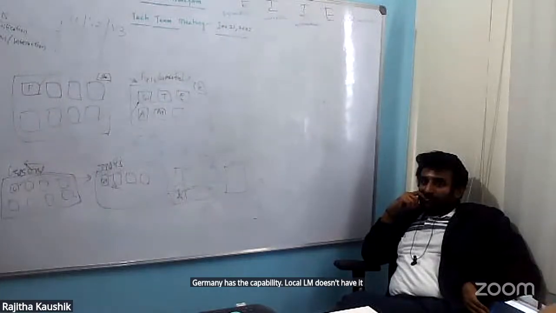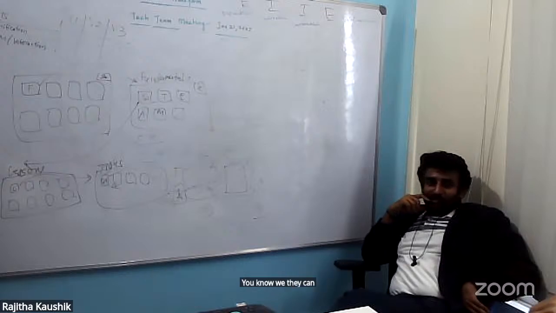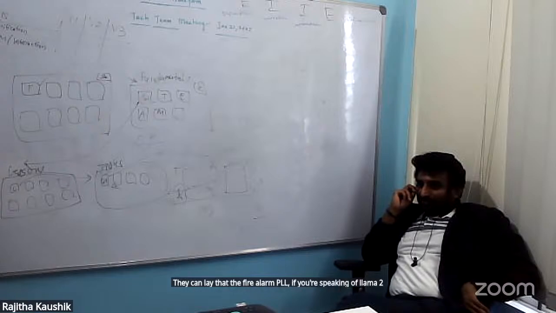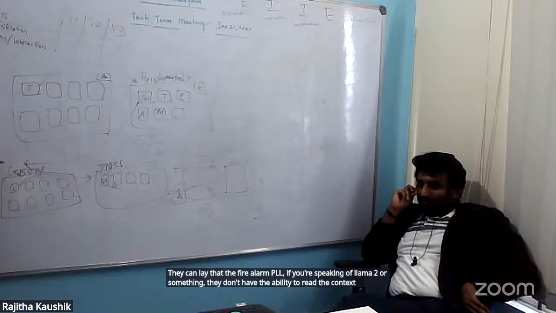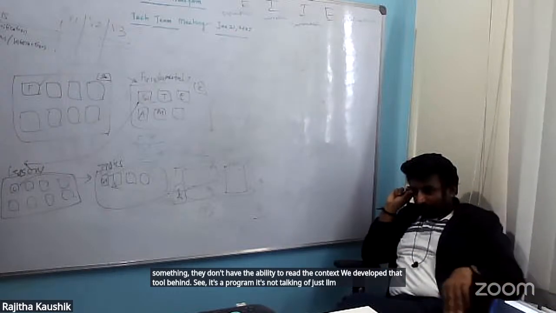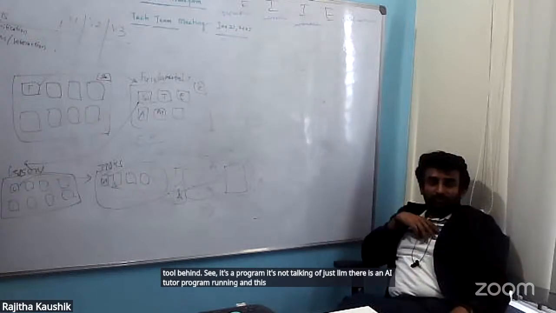They can write programs around that, but a firewalled LLM, if you are speaking of Llama 2 or something, doesn't have the ability to read the context. There's a program; it's not talking of just an LLM. There is an AI tutor program running, at the back of which is the LLM.